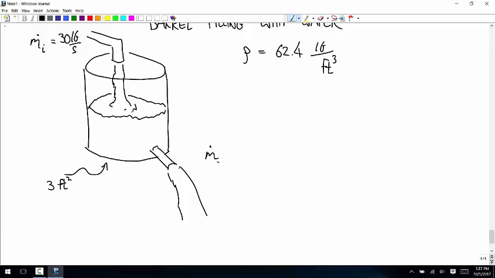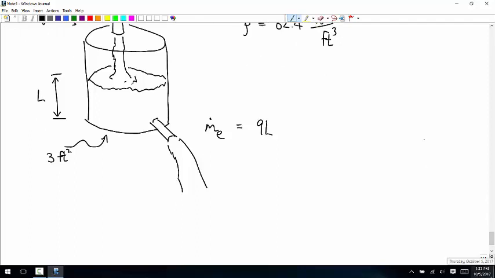So the rate of mass leaving at the exit is 9L, where this is L. L is the height in feet, and so the bigger L is, the higher the water is, the faster it comes out of the exit.